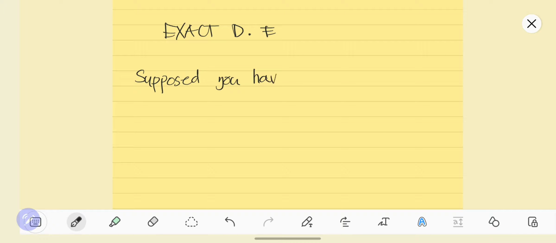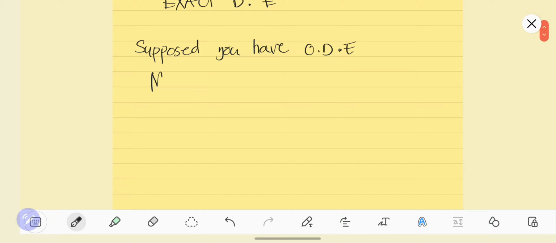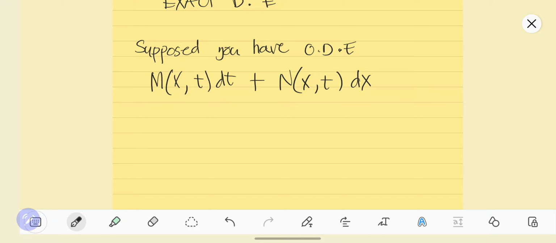Our topic is exact differential equations. Suppose you have an ordinary differential equation in the form of M(x,t) dt + N(x,t) dx = 0.